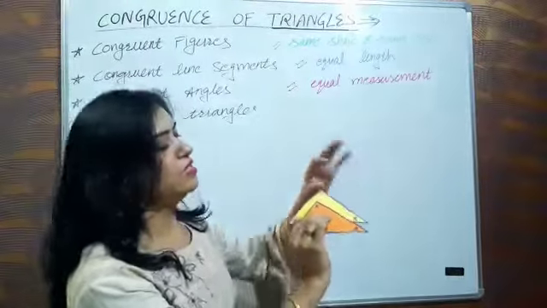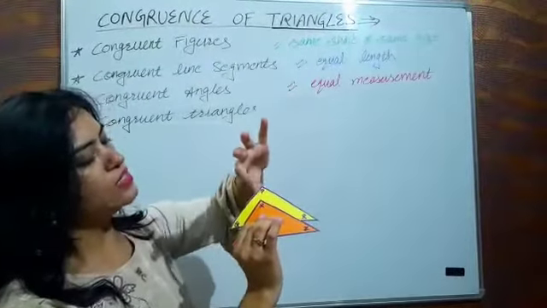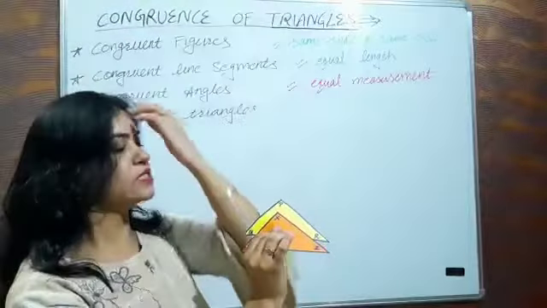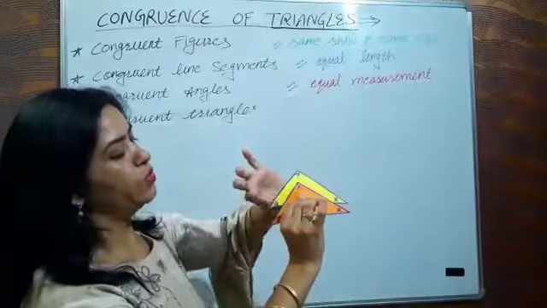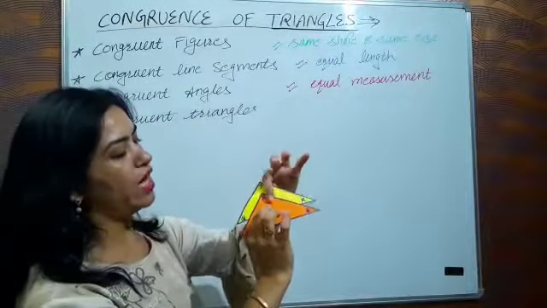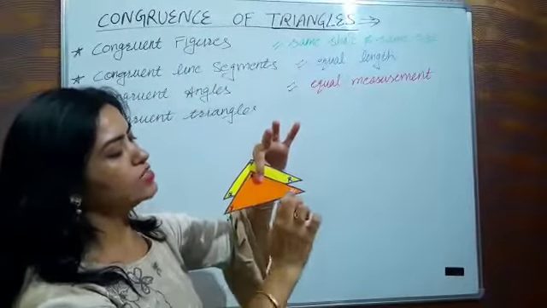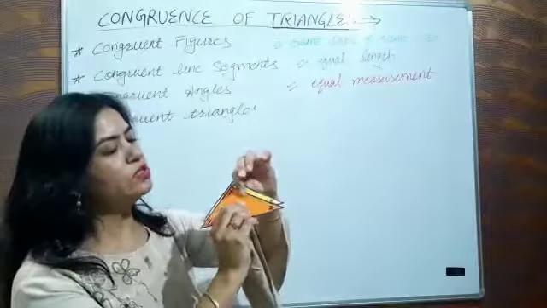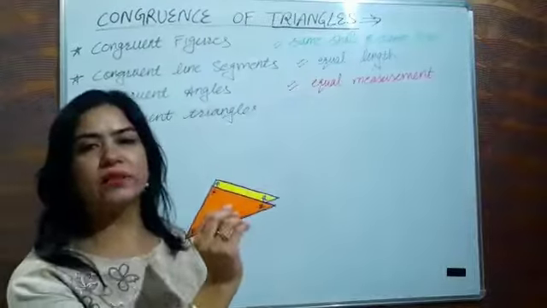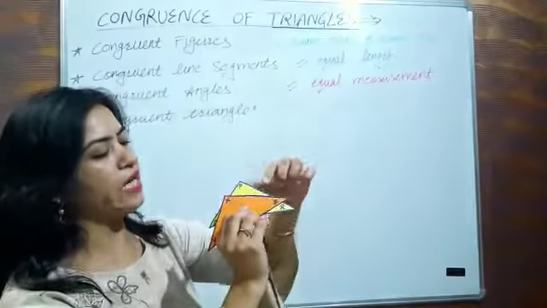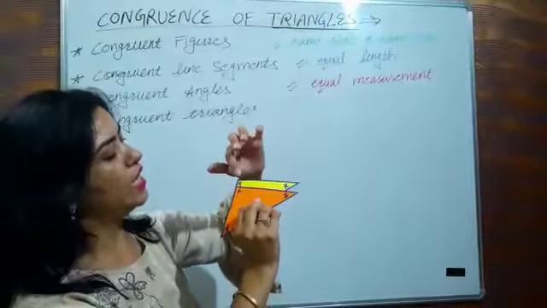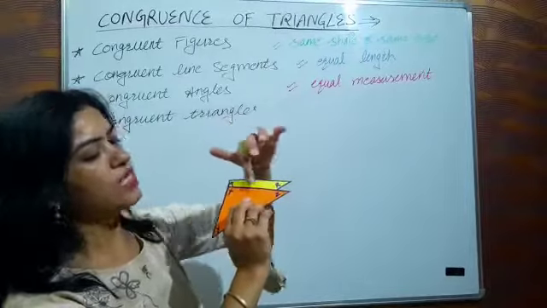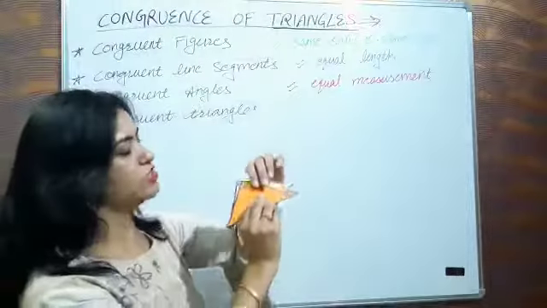You can see that point P coincides with point X, right? Point Q coincides with point Y, point Z coincides with point R. Moreover, if we see the line segments or the length of the sides, we can see that the line segment PR coincides with the line segment XZ.